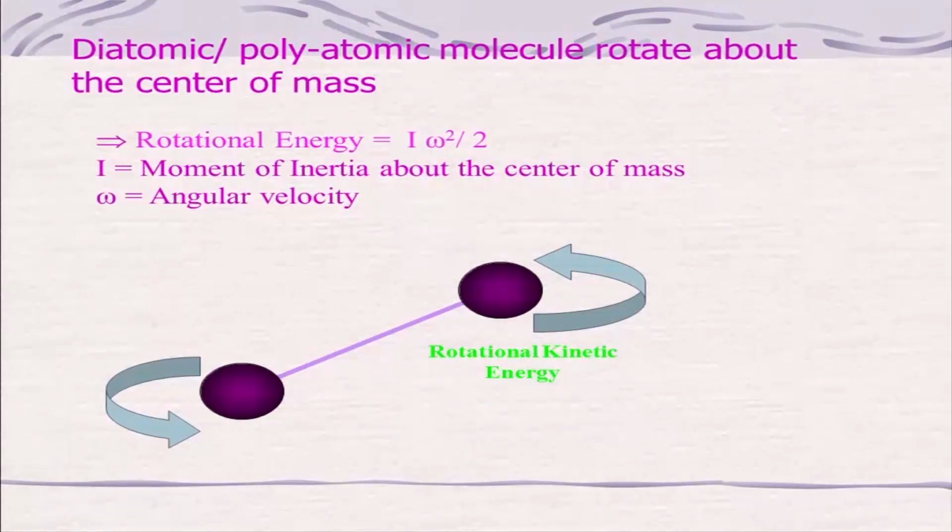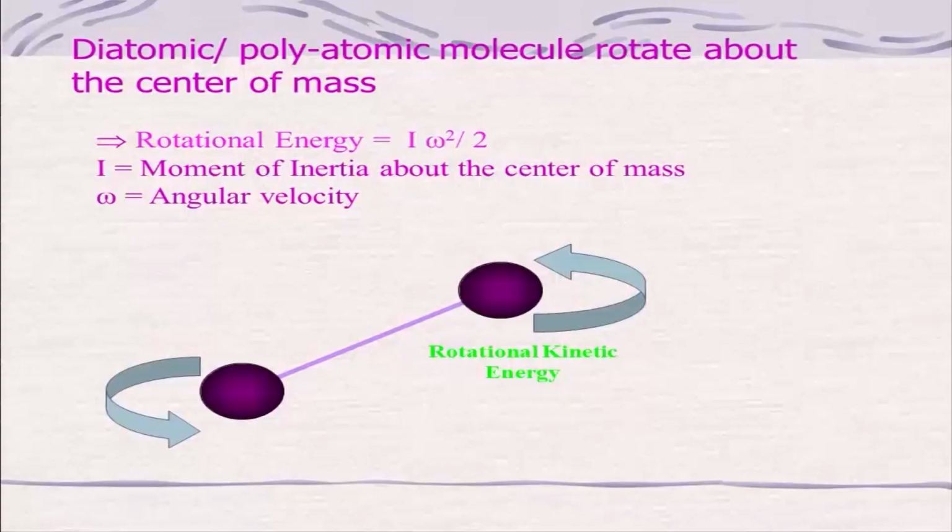You can think of the moment of inertia: the energy is I omega squared by 2, where I is the moment of inertia about the center of mass and it is rotating with a certain angular velocity. You can calculate it for each molecule, but when you think of the number of molecules in a system, it is very complex. So that is basically the rotational.